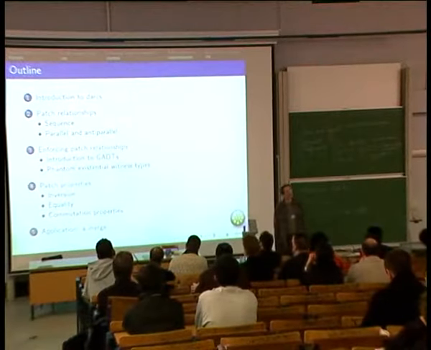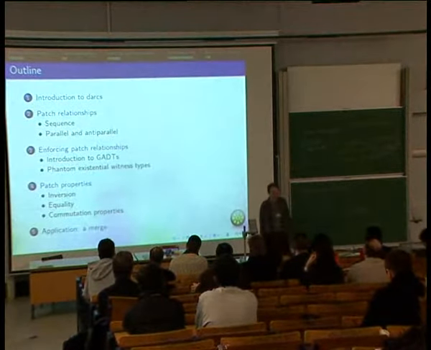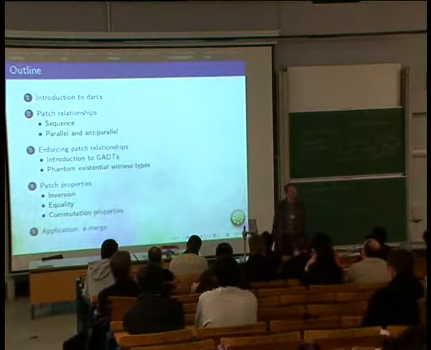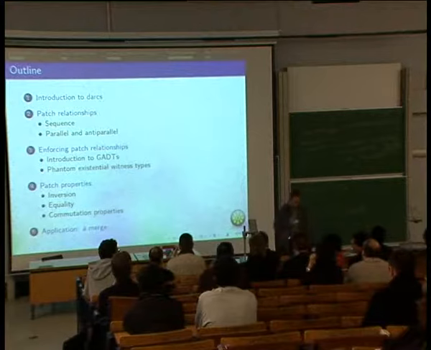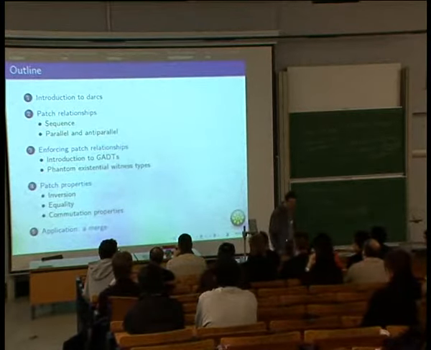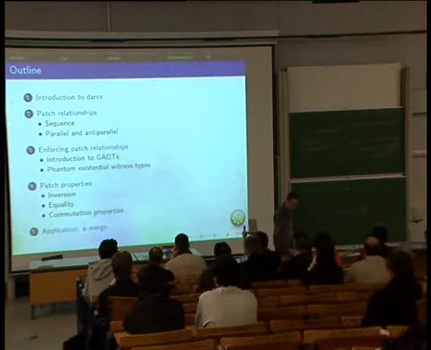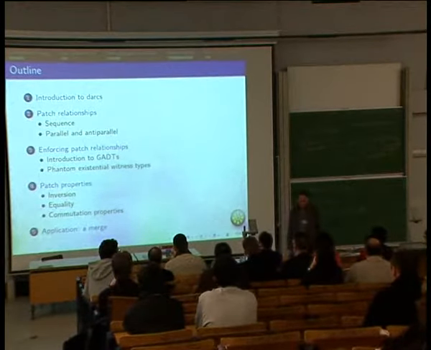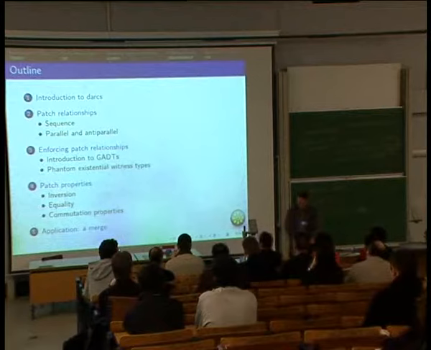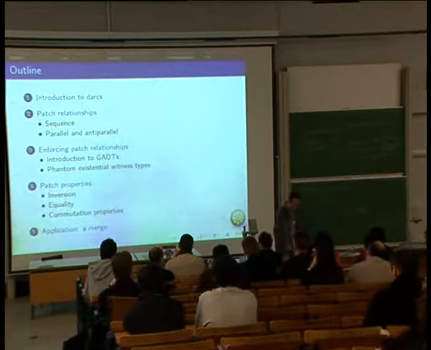Then I will introduce the GADT subject, generalized algebraic data types, and how we use those to enforce the relationships between patches in Darcs code. Then I'll go ahead and describe the patch properties, and then finally show you how a merge is done in Darcs.